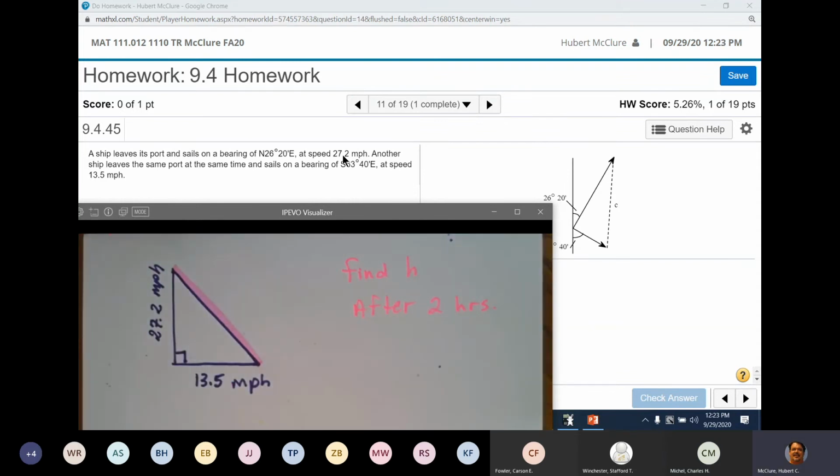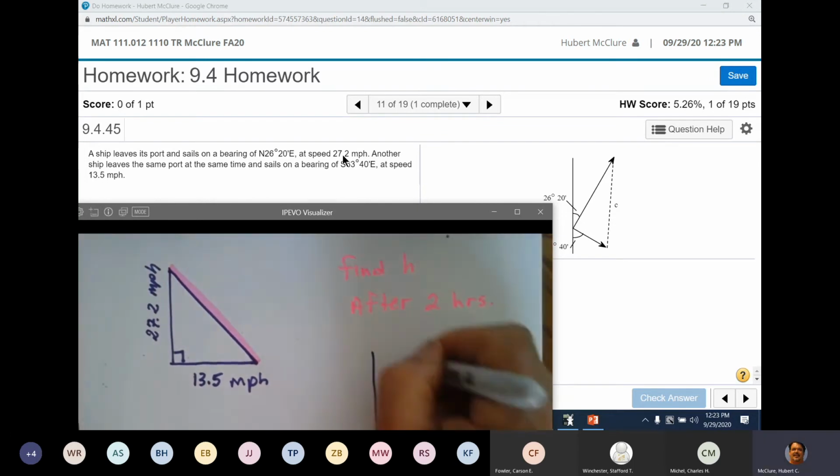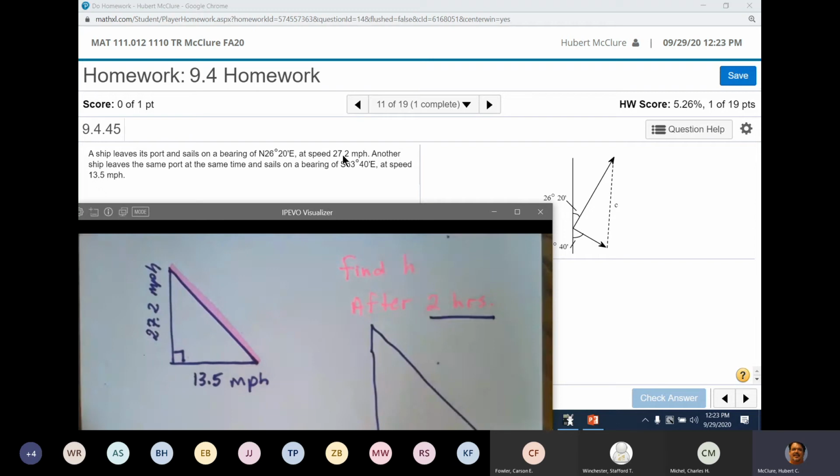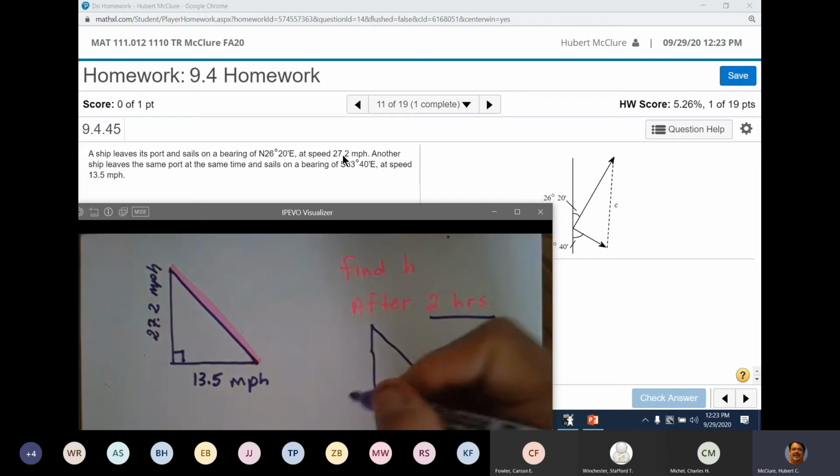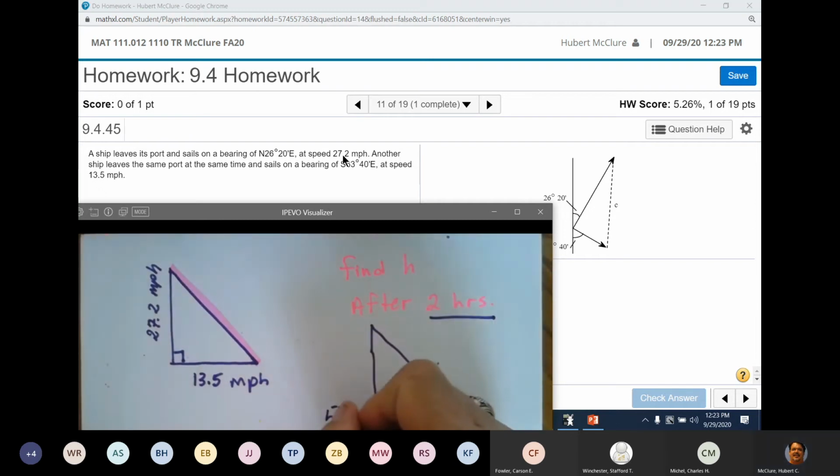I'm going to redraw it a little bit bigger because it's after 2 hours. You've traveled 54.4 miles here, and you've traveled 27 miles here.